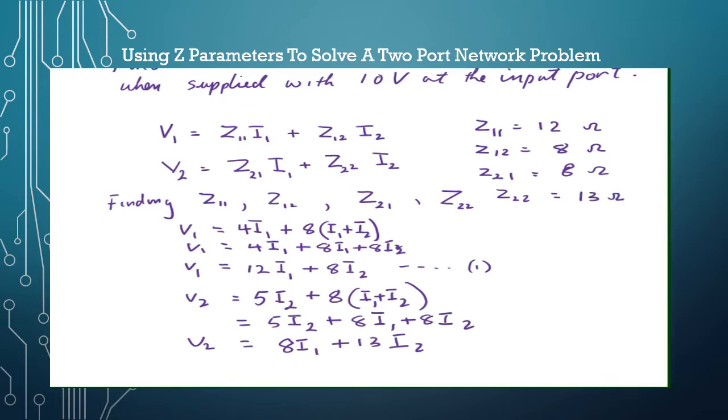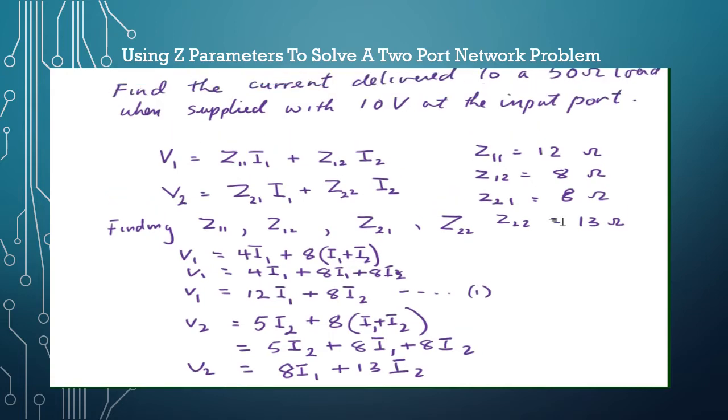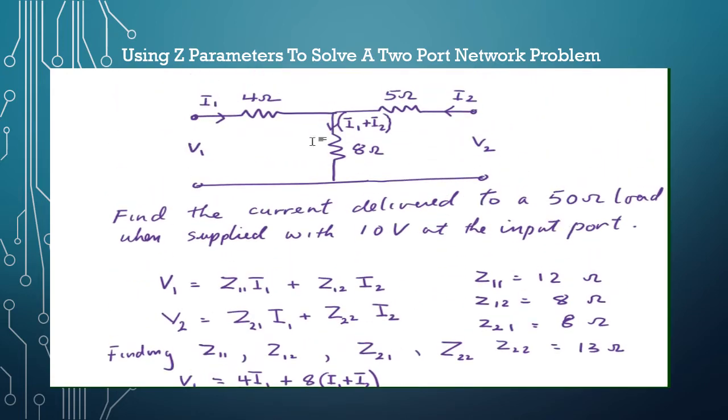Okay, so those are the Z parameters for this circuit: Z11, 12 ohms, Z12, 8 ohms, Z21, 8 ohms, and Z22, 13 ohms.